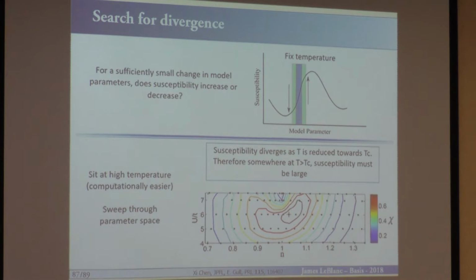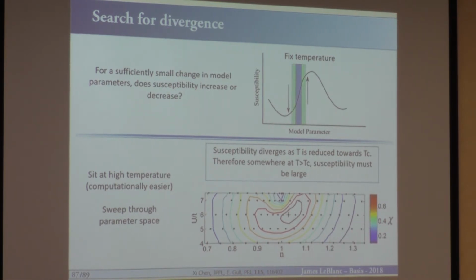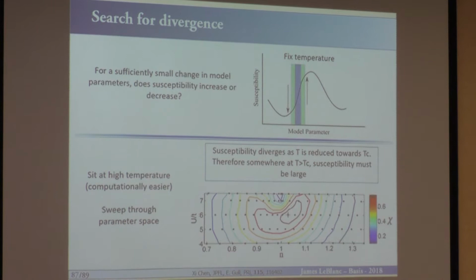And if the goal is to find a divergence, what we hope, and you're not guaranteed, is that at least with temperature and with a lot of other parameters you have sort of monotonic behavior of the susceptibility. So for a sufficiently small change in model parameters, we ask, does the susceptibility increase or decrease?